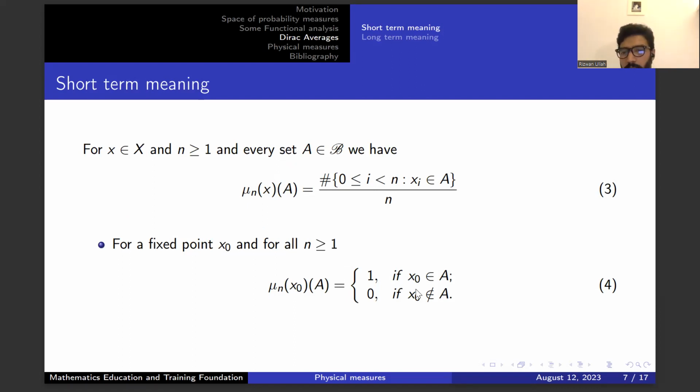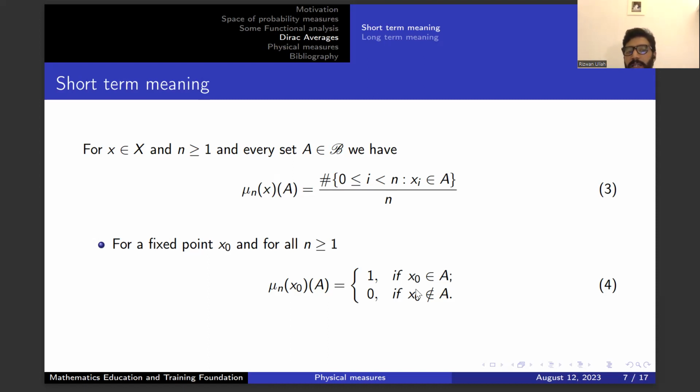And now you can get a little bit of a relation to the very first question that we asked, which was: what is the frequency of the orbit visiting a specific area of the space? So from the short-term meaning of the Dirac averages, you can see that we can understand the problem by only dealing with the Dirac averages.